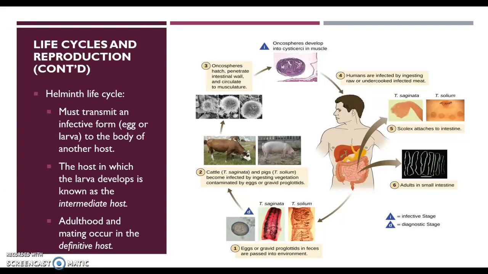Here's an example of the life cycle of a helminth. The infective stage is typically the egg or the larval stage, and the eggs or proglottids, if we're talking about the tapeworm, will infect first the intermediate host, and the intermediate host is the host that is first contaminated by the eggs.